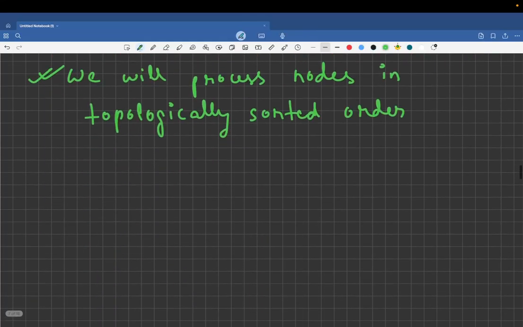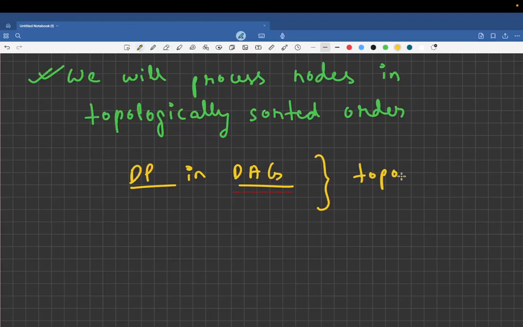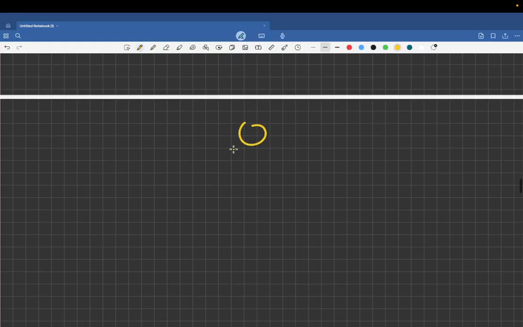So this is a very common thing, a very famous topic: dp in DAG. When you apply dp in a directed acyclic graph, you process the nodes in the order of topological sorting. It will look something like this. You have a node 0. Let's suppose you are starting from here. Then you compute for this, and then you compute for this.